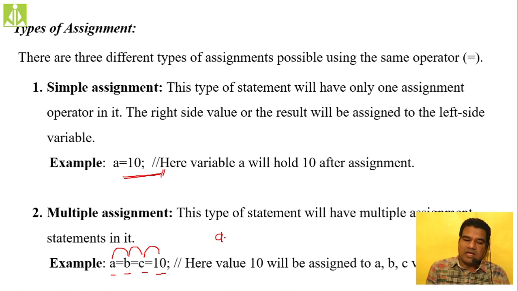Writing a equals to b equals to c equals to 100, this 100 will be stored inside c, b and a as well. So inside a single statement, we are doing the assignment multiple times.